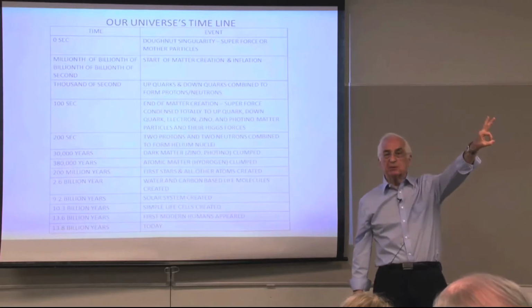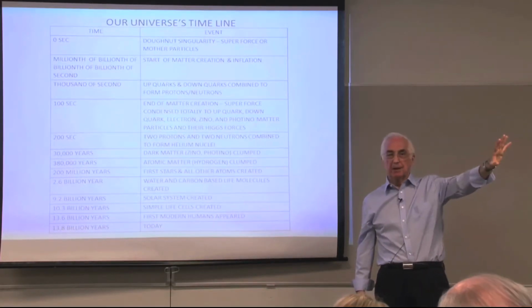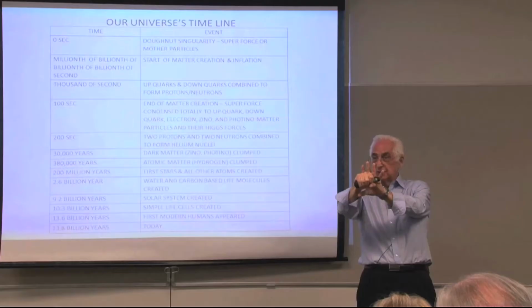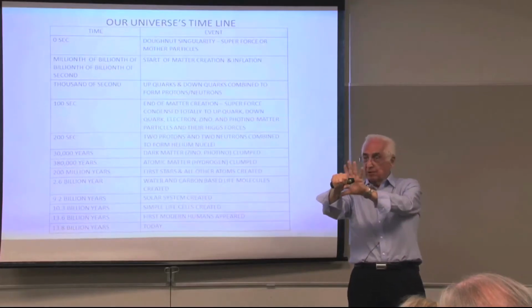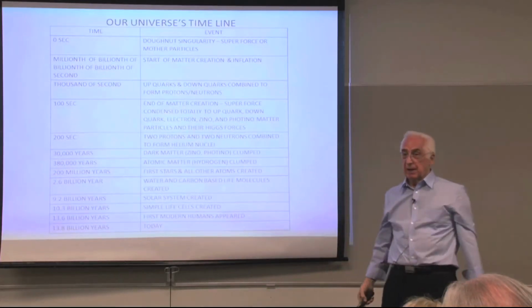That donut-shaped singularity of superforce particles had disappeared because all of the energy in our universe had been condensed into up-quark matter particles and their Higgs forces, down-quark matter particles and their Higgs forces, electron matter particles and their Higgs forces, xeno matter particles and their Higgs forces, and photino matter particles and their Higgs forces.